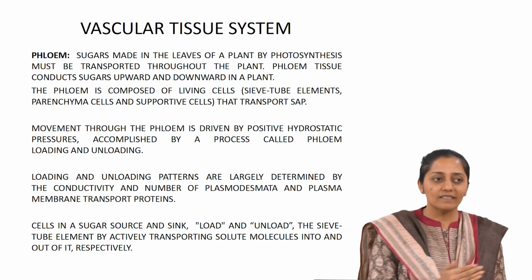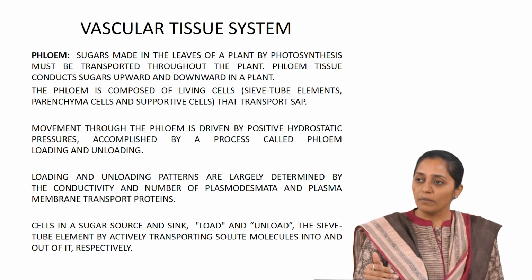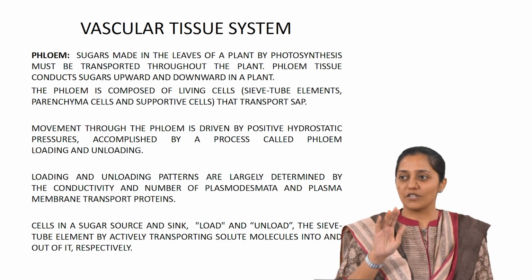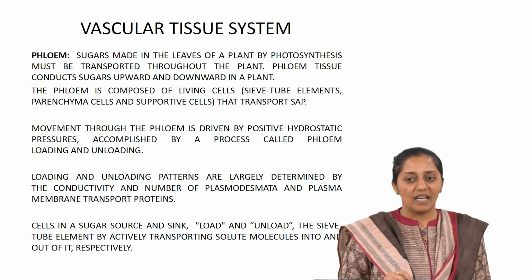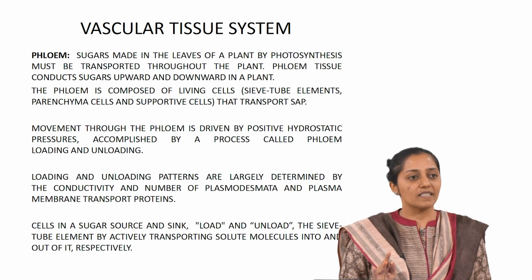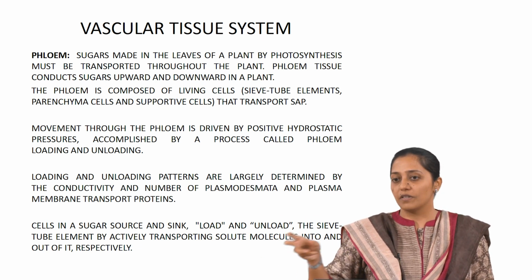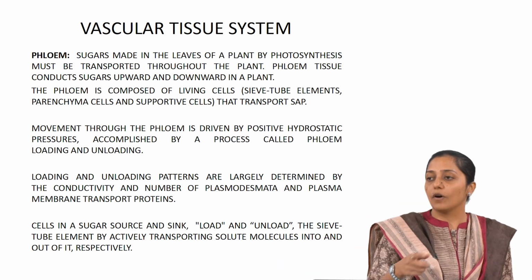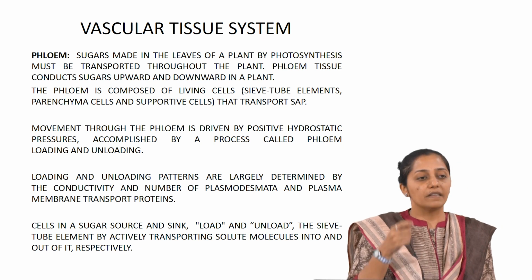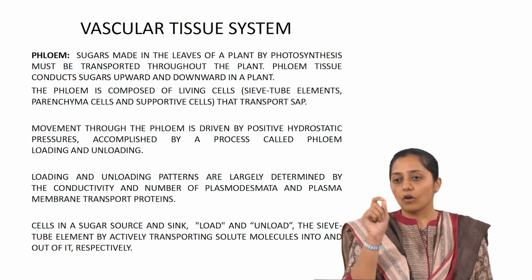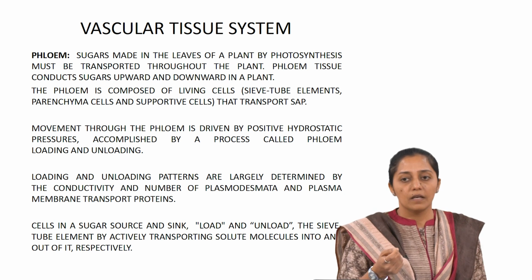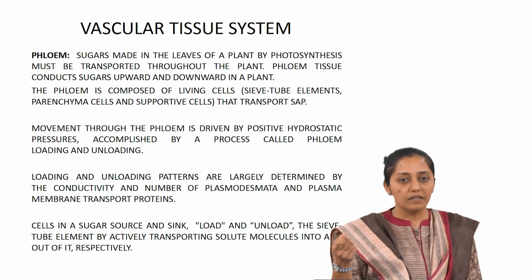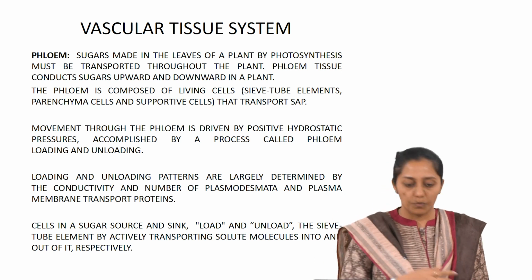The water is again diffused back from those cells at the site to the xylem, so that the hydrostatic pressure can be reduced, and then the active transport can take place to put the sugars into the sink cells. And what does it depend on? The loading and unloading. It depends on the sieve tube elements. We have heard about plasmodesmata. So it depends on the number of plasmodesmata, those connecting channels through which this transport happens.